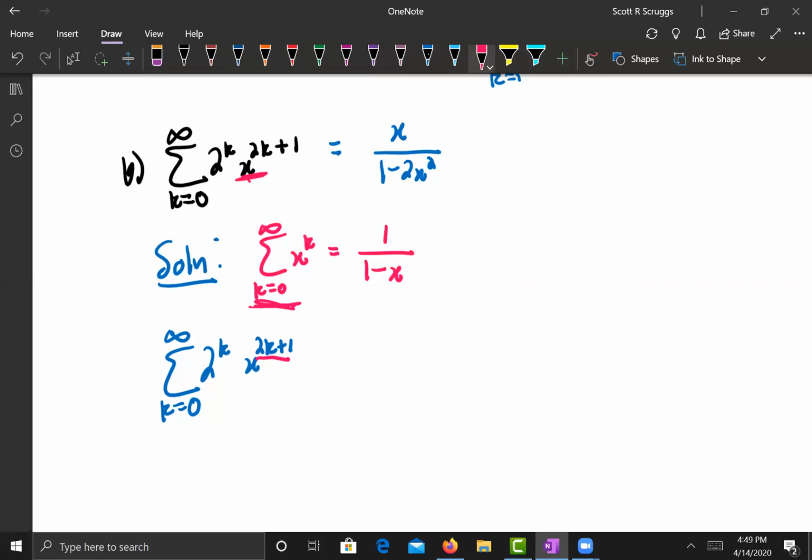So I'm going to split that up as the sum from k equals 0 to infinity of 2 to the kth power times x to the 2k power times an extra x popping in.